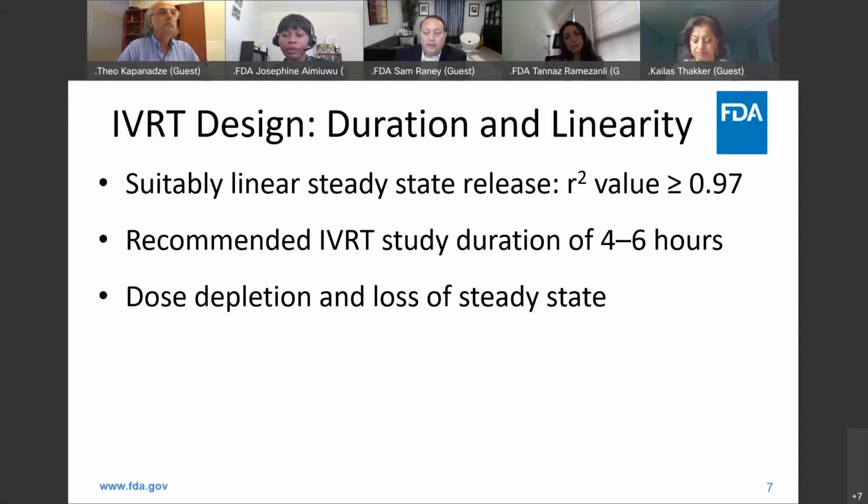But that early release, a very low percentage, then stalls. So what is that burst release in the beginning? It's very difficult to interpret what it's telling us about the microstructure of the dosage form as opposed to interfacial boundary effects.